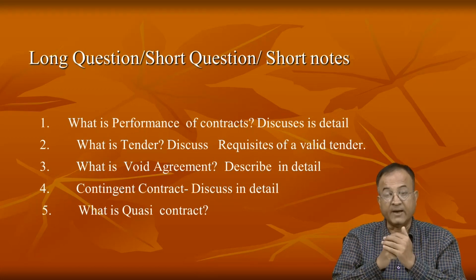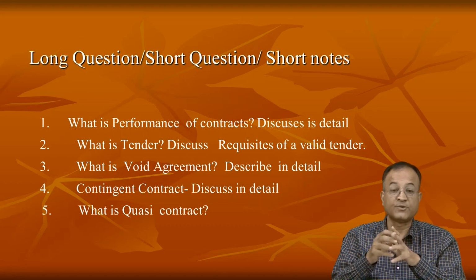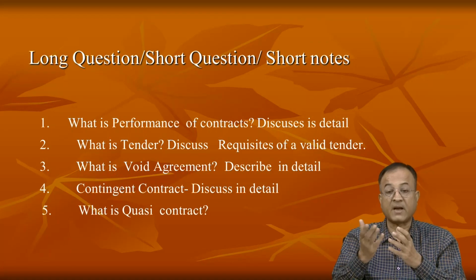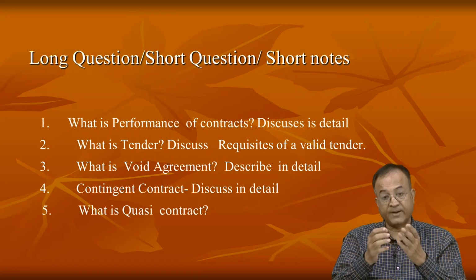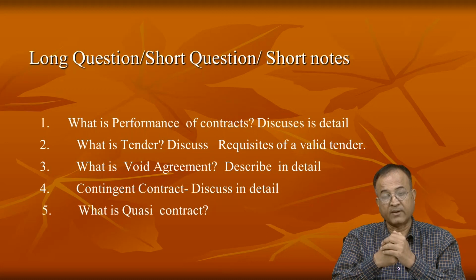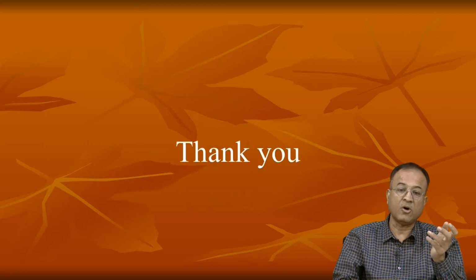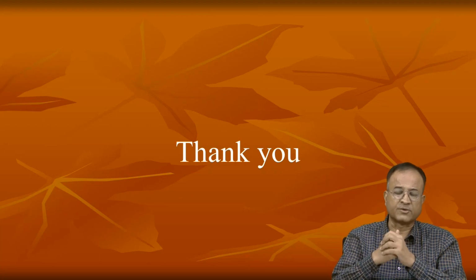Discuss the requisites of a valid tender. What is a void agreement? Describe in detail. Contingent contract? Discuss in detail. And last, what is quasi contract? Discuss in detail, or it can be asked in short notes also.